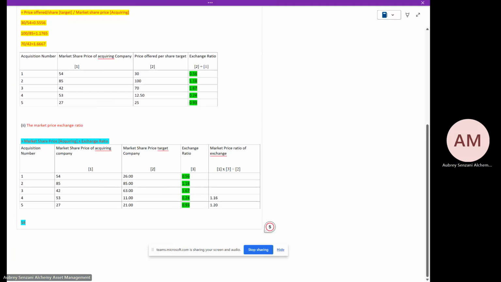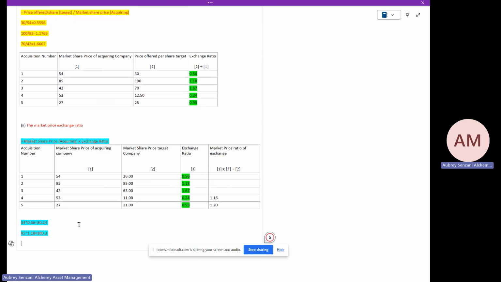54 times 0.56 gives you 30. Let me actually just do all of them and then we will plug in the amounts. Then here we have 85 times 1.18 gives us what?